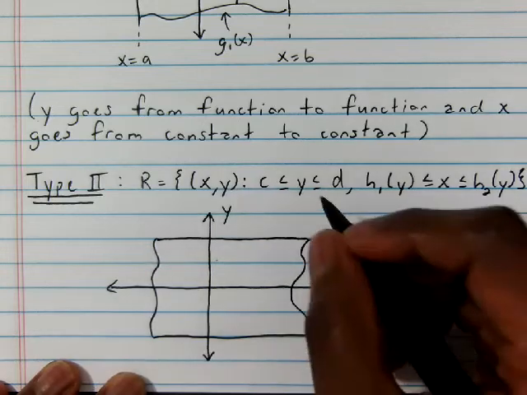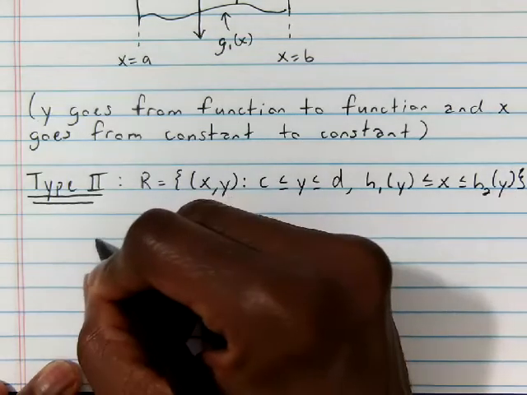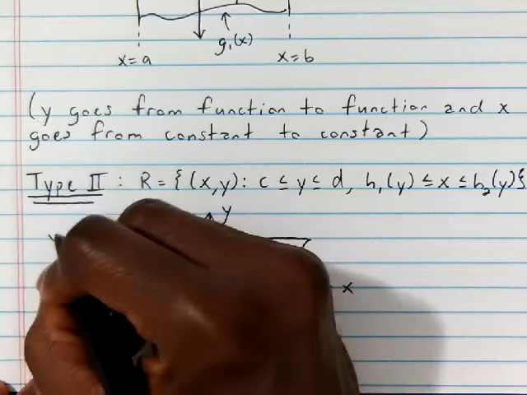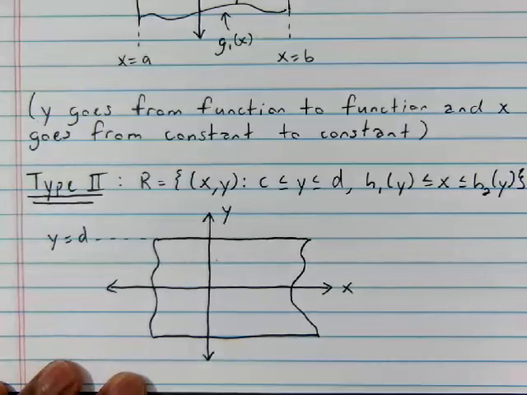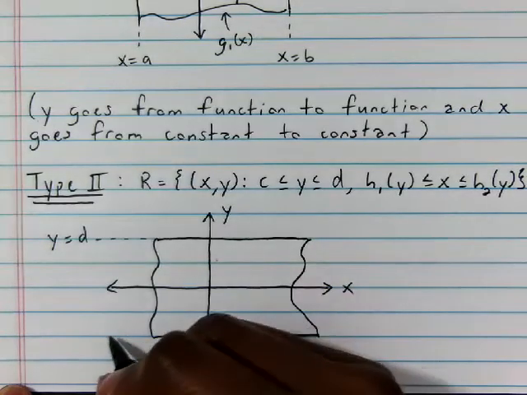This line at the top is the line y equals d. The line at the bottom is the line y equals c.